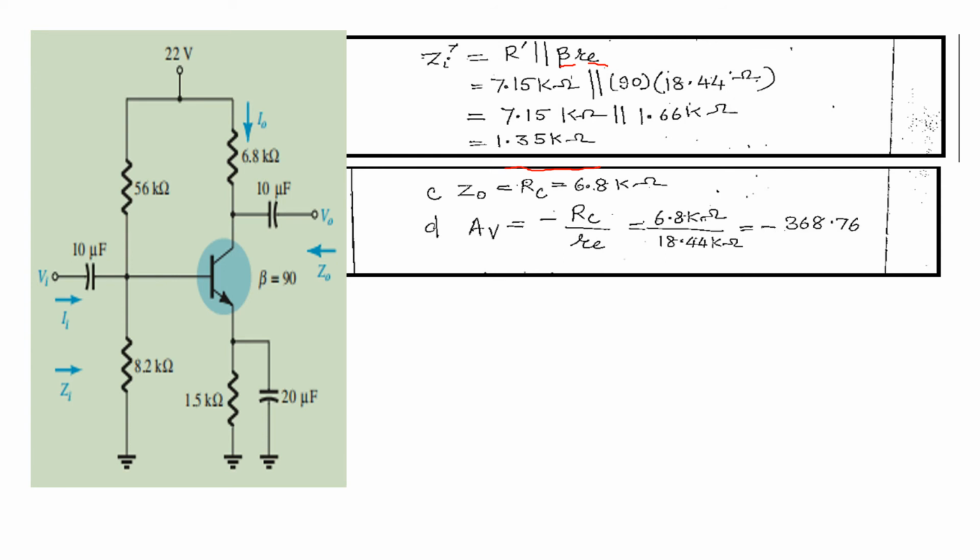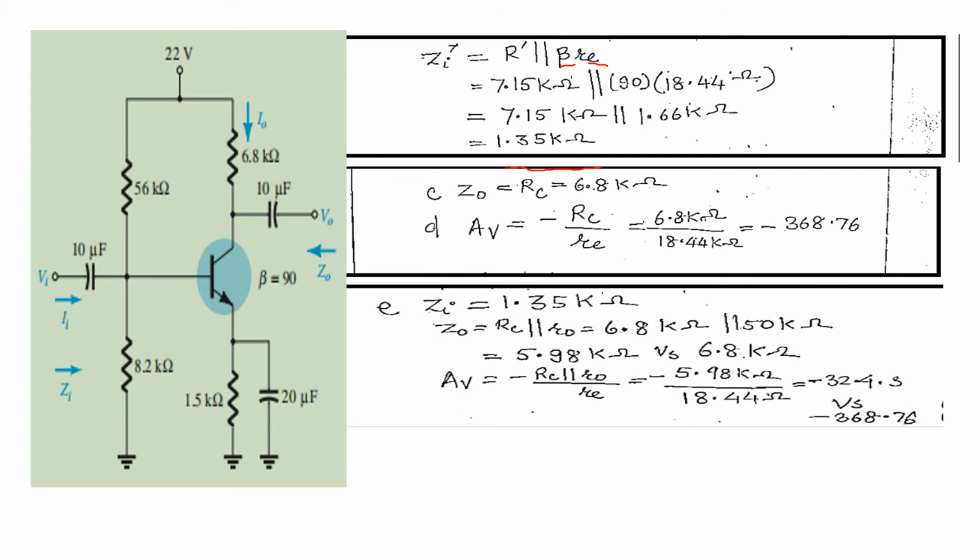Next, the output impedance Z0 is approximately equal to RC, which is 6.8 kilo ohms, and the voltage gain is RC by Re, which is minus 368.76.